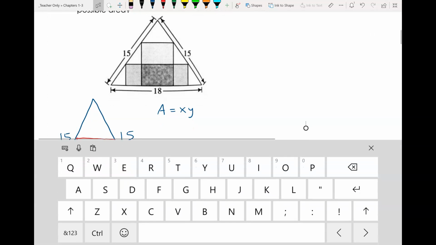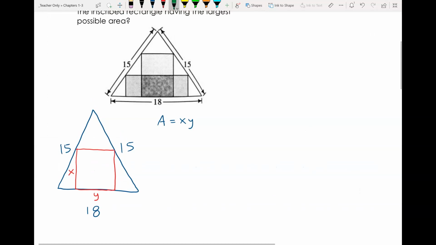So here's what I'm going to do. A little bit of geometry. The first thing is I'm going to drop an altitude in this triangle from that vertex angle down to the base. Now from geometry, when you drop an altitude from the vertex angle of an isosceles triangle to the base, it bisects the opposite side.